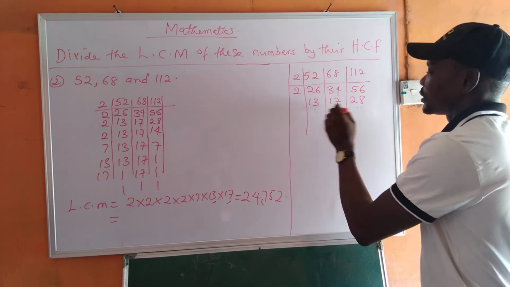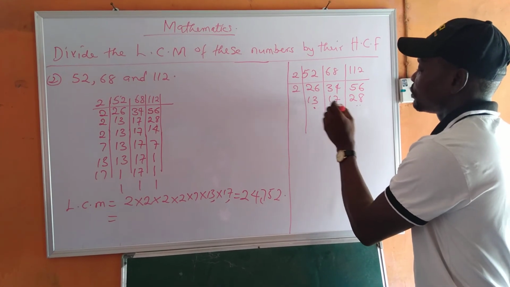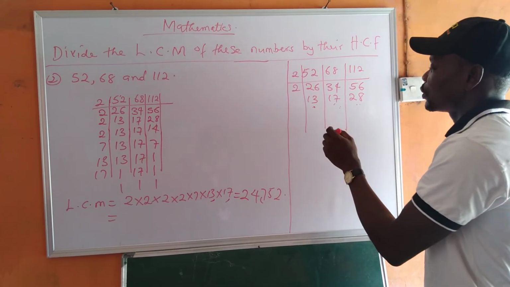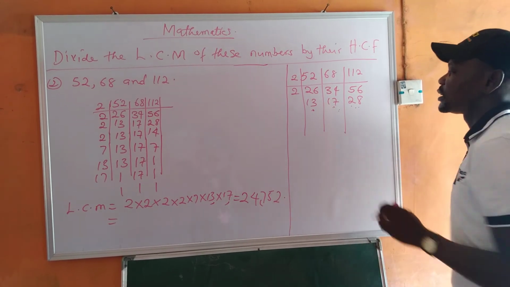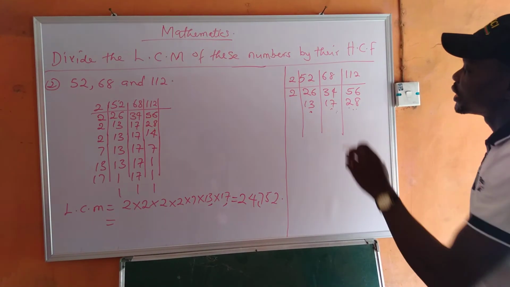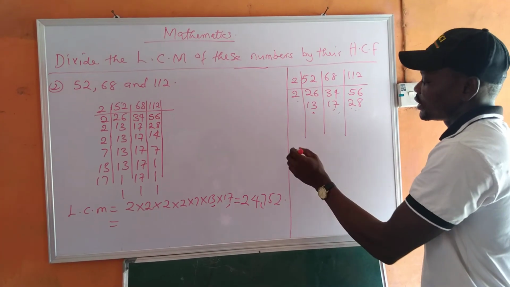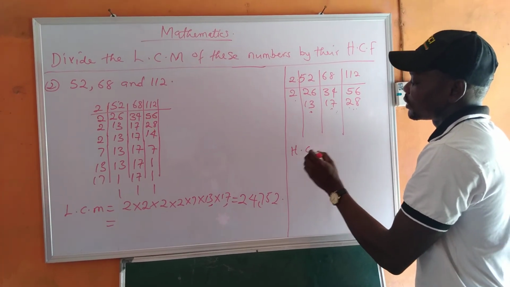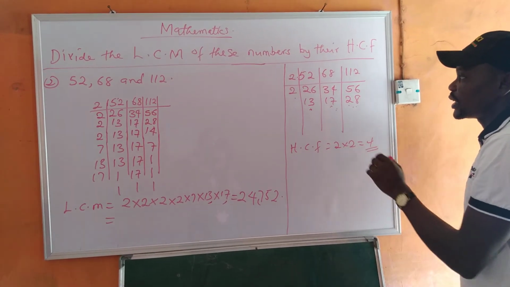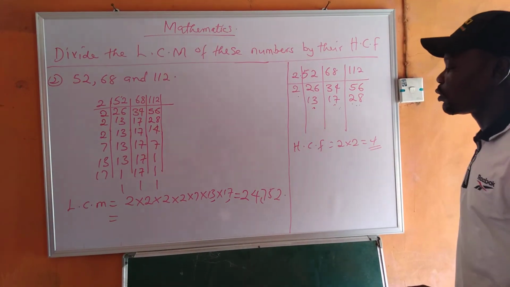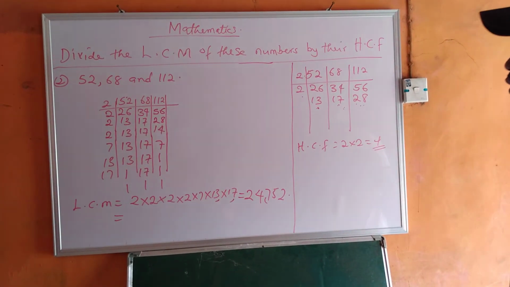There is no factor that can divide 13, 17, and 28 without remainder. So that means our H.C.F in this place is equal to 2 times 2, which is equal to 4. So 4 is our highest common factor.